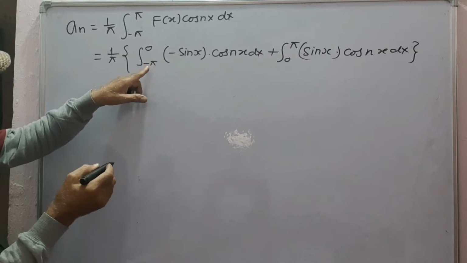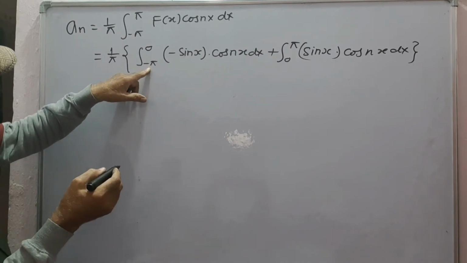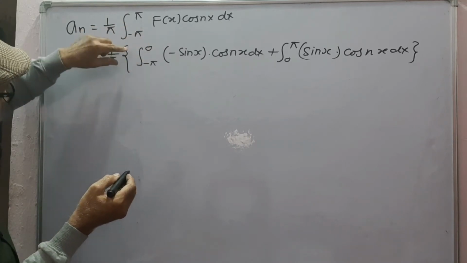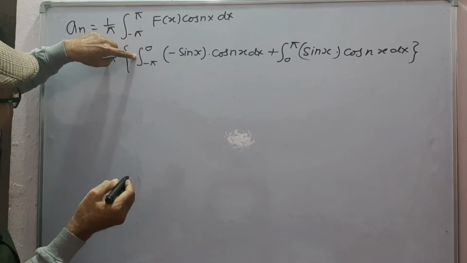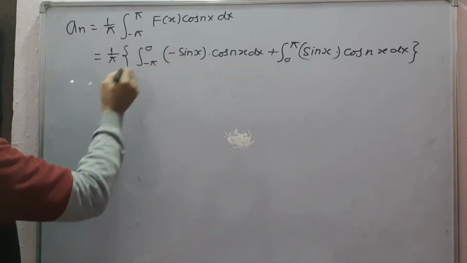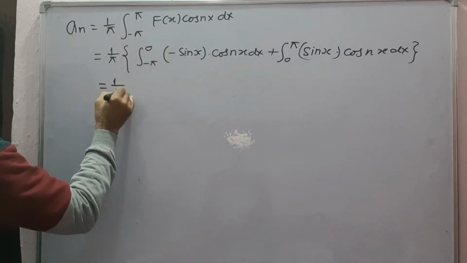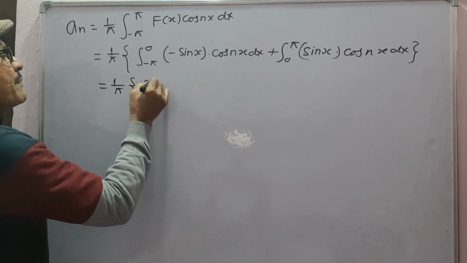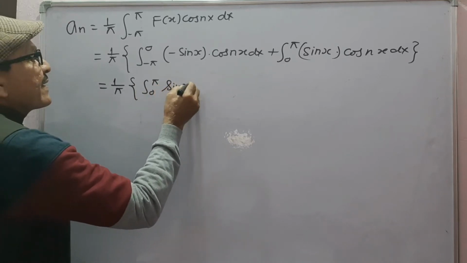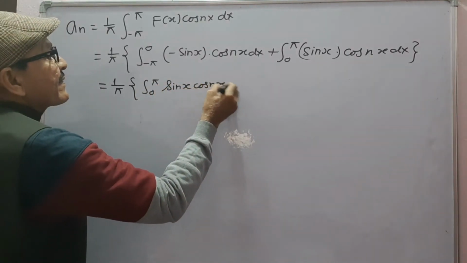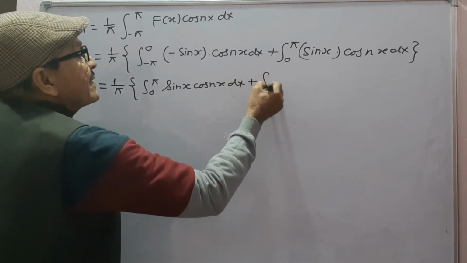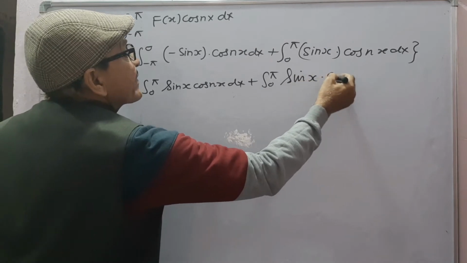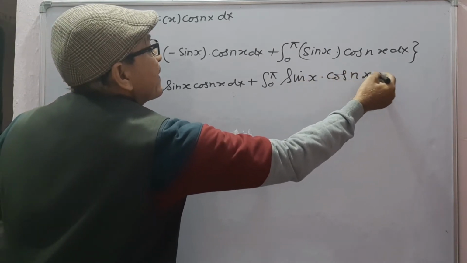Again interchanging this limit, this goes here minus pi to 0, and minus can be taken here, minus into minus gives plus, so it is 1 upon pi integral 0 to pi sin x cos nx dx plus integral 0 to pi sin x cos nx dx.